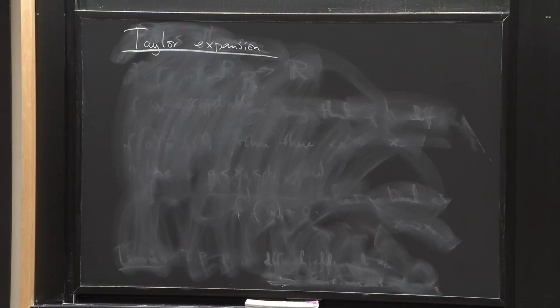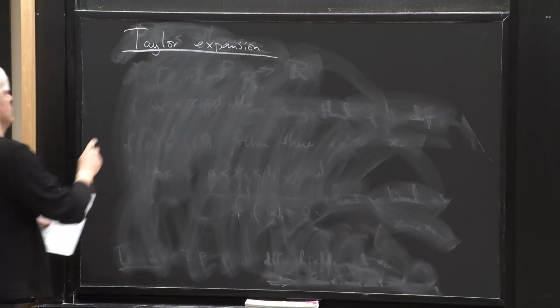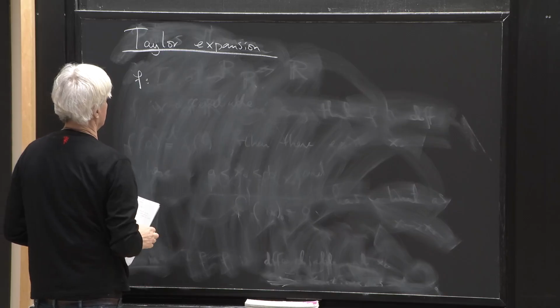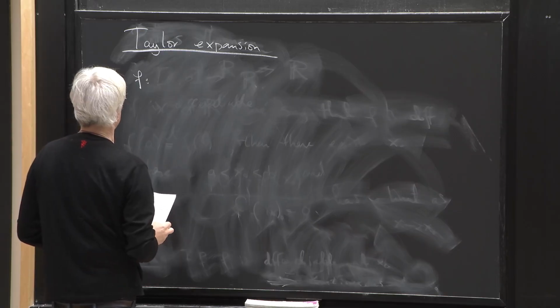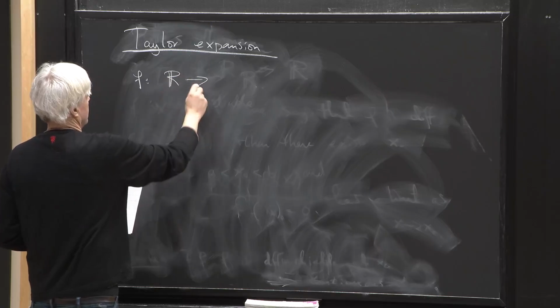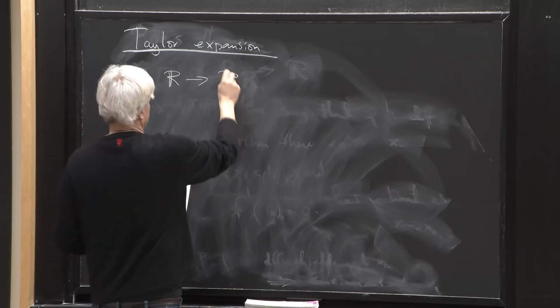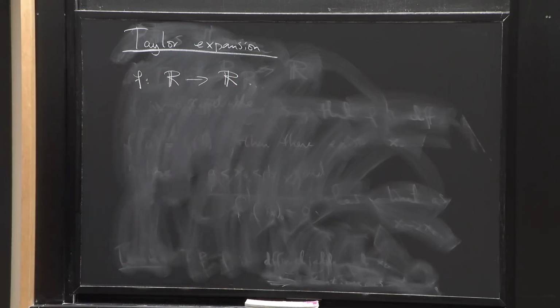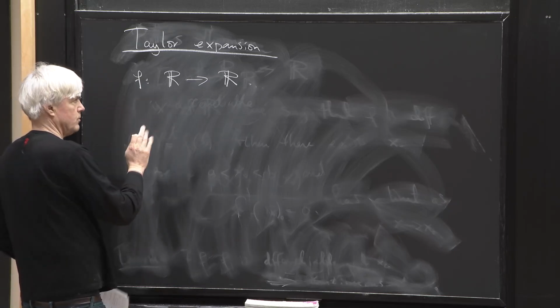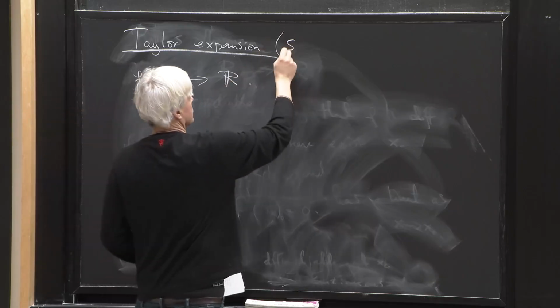So the idea here is that you have a function f, let's say a function on R, doesn't need to be defined on all of R, into R. I'm assuming, so let me do a special case of this first.